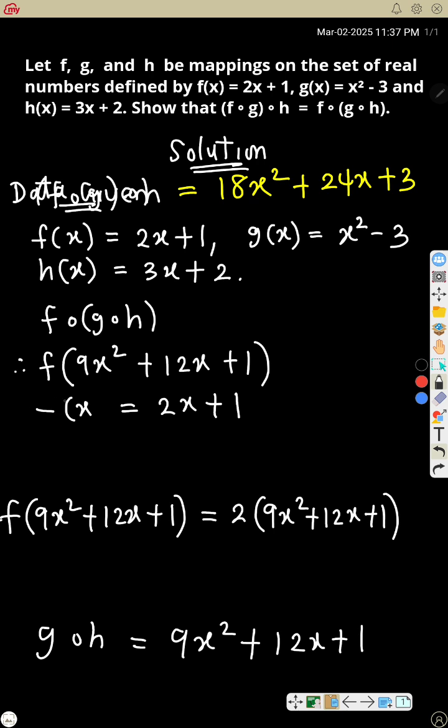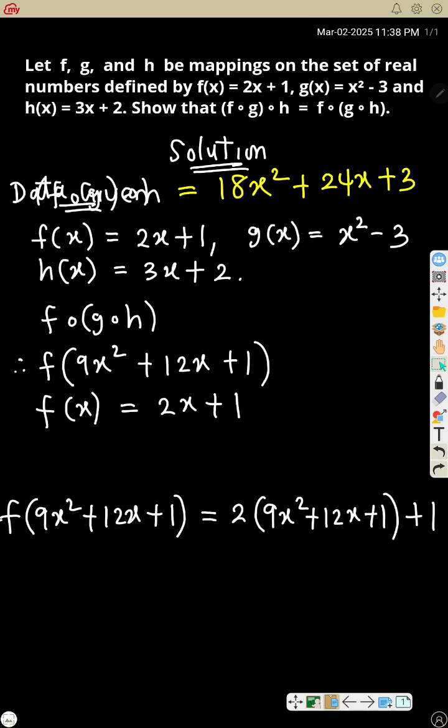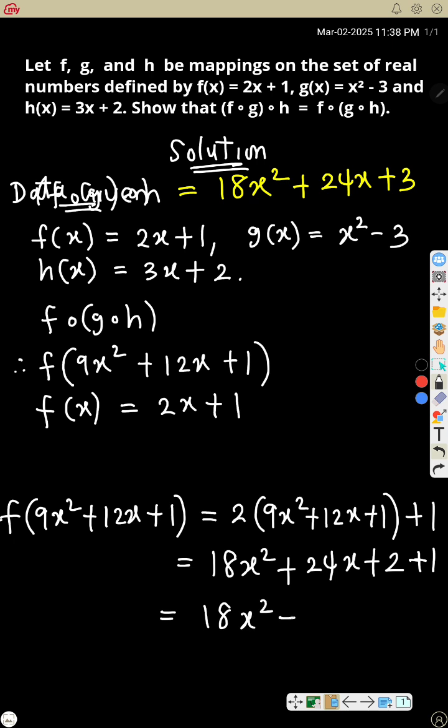Let me write this: f of x, so now that is plus 1, which is this plus 1. So now expand. We have 2 times 9, 18s squared, plus 24s plus 2, then plus 1. So this is 18s squared plus 24s plus 3.